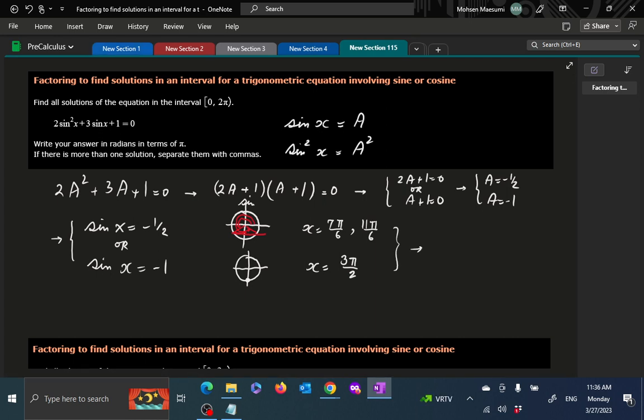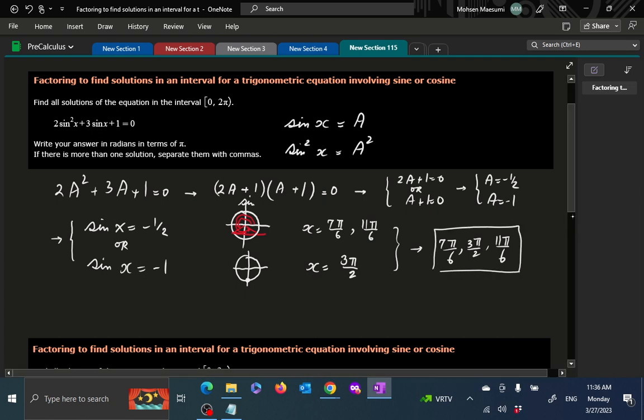So on the answer sheet, we are going to record 7 pi/6, 3 pi over 2, 11 pi/6. Correctly spoken, this is a double root. That is, there are two numbers just like these two that have merged on top of each other and make 3 pi over 2. But just count it once, and that is your answer.